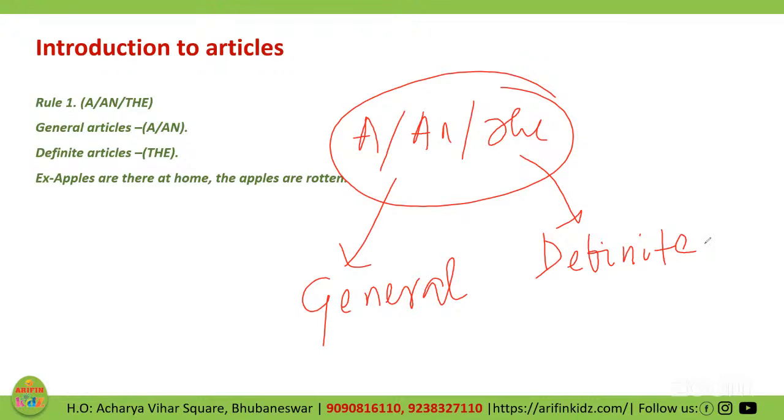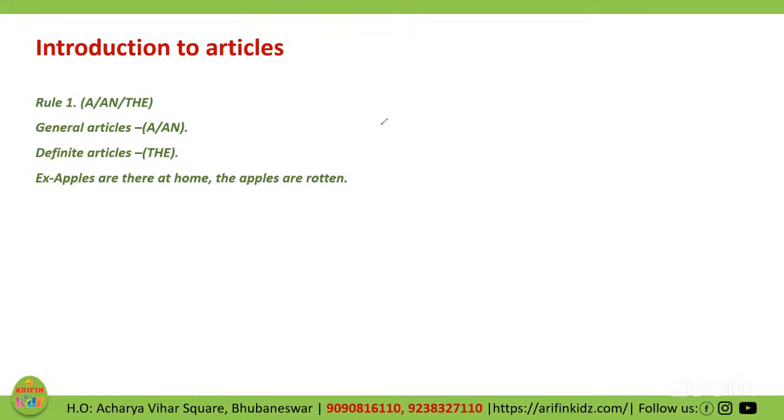Now, what is the difference between a general article and a definite article? The difference is that the definite article is already defined. That is the only difference. A definite article has to be defined.